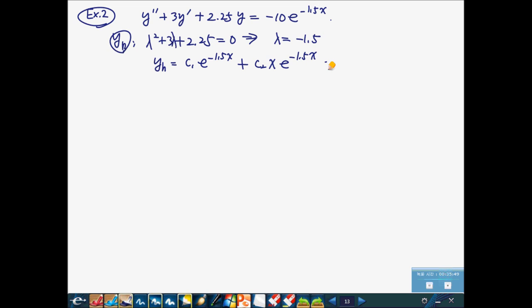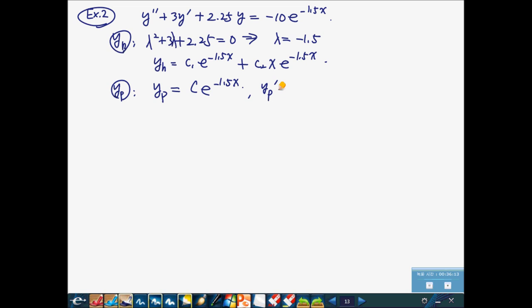Then we should get yp. Okay, so our yp according to the table should be the same form as the given r of x, right? So that should be c times e to the minus 1.5x, correct? According to the table. All right, let's see.